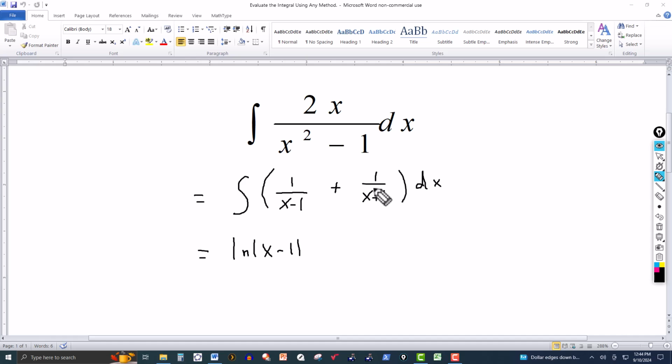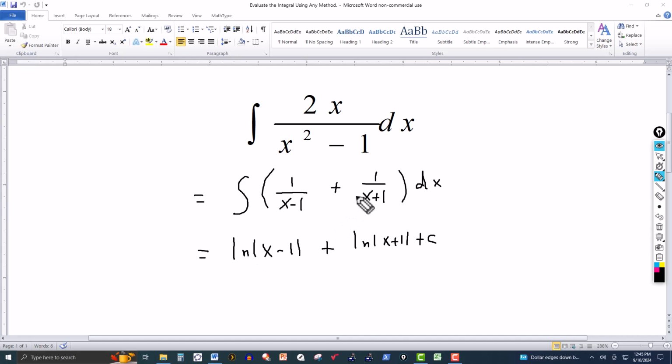Anytime you have a linear factor like this, of this format, we can derive a formula for that. It's just the natural log of what you have in the denominator, plus your constant of integration. Now, if this were a 2x here, linear, with a constant of 2, this is going to be 1/2 over here.